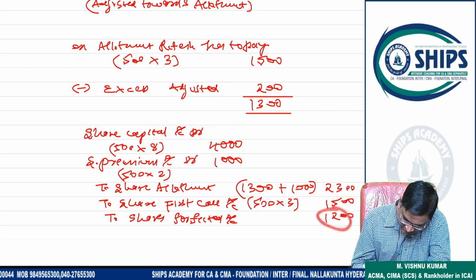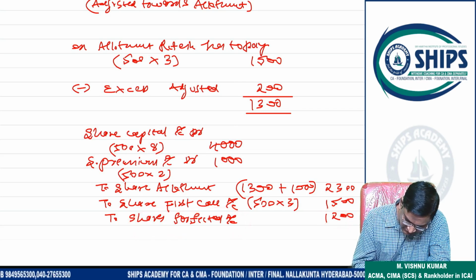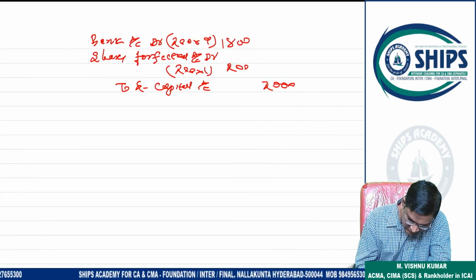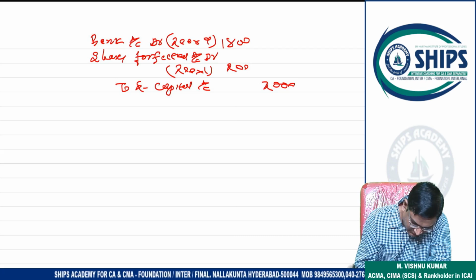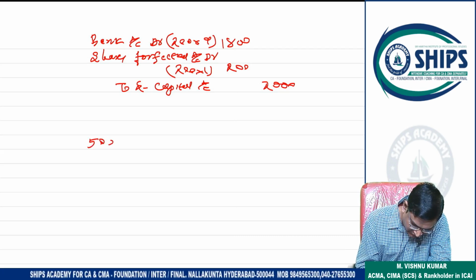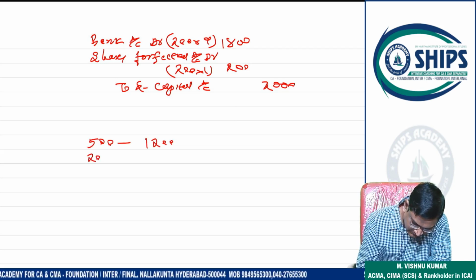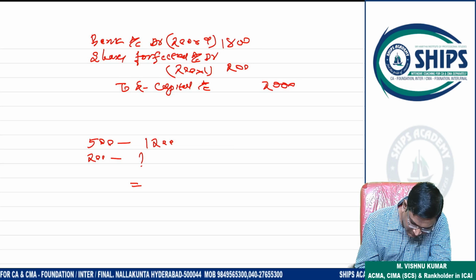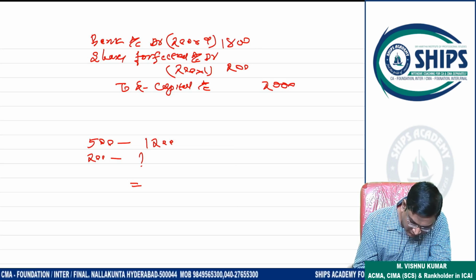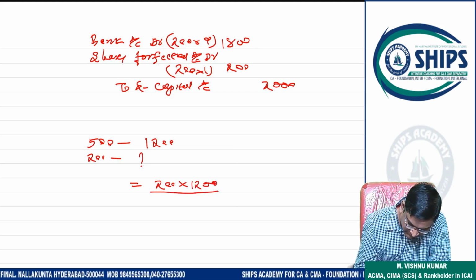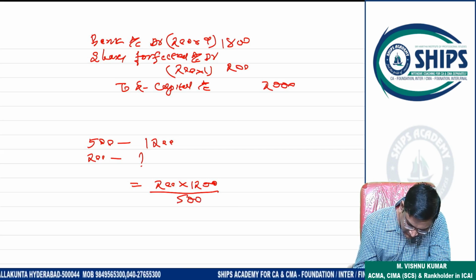This 1200 is for how many shares? This is for 500 shares. So we have to convert this for 200. For 500 shares, 1200 rupees. So for 200 shares, how much? 200 into 1200 divided by 500.